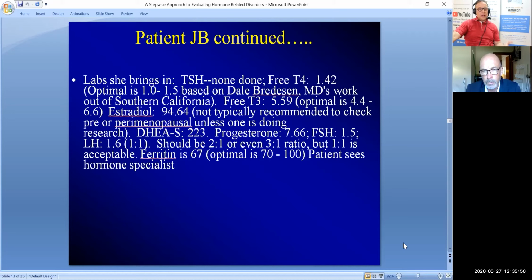Progesterone in somebody that is cycling especially is all over the board depending on where they're at in their cycle. So their progesterone might be normal when you check their blood that day, but remember what a blood test is. It's a snapshot in time. That doesn't mean that she's not going to have low progesterone symptoms at different times of the month. So remember, labs are a tool to go along with symptoms and history. Right. So go ahead. Next slide.